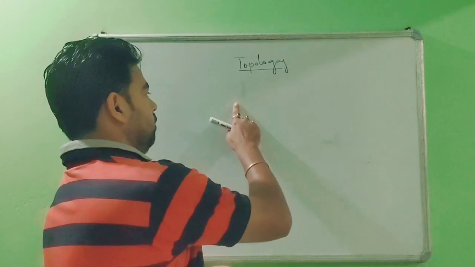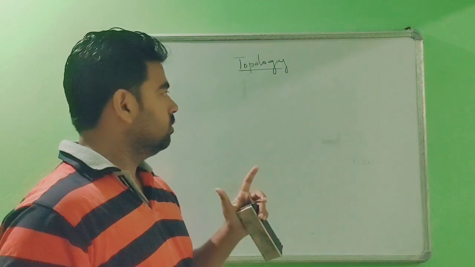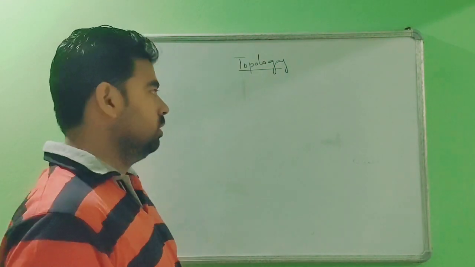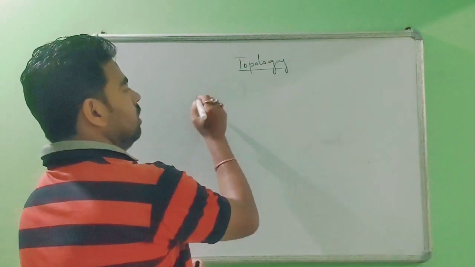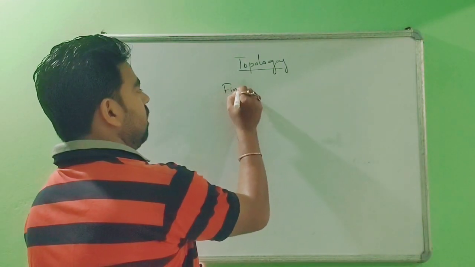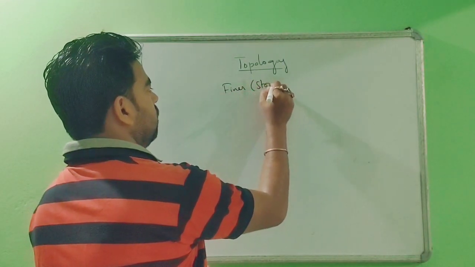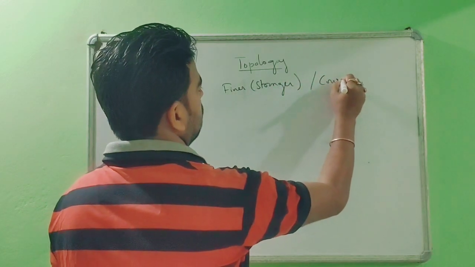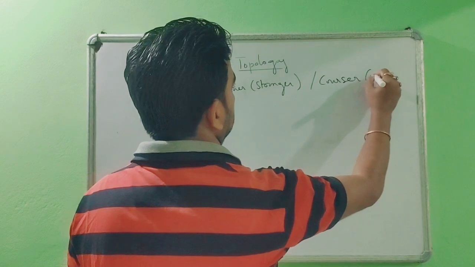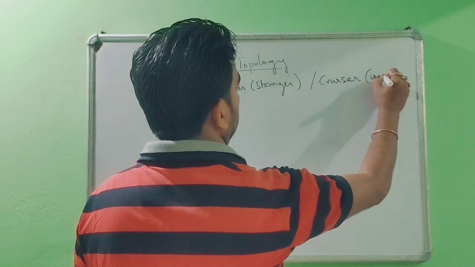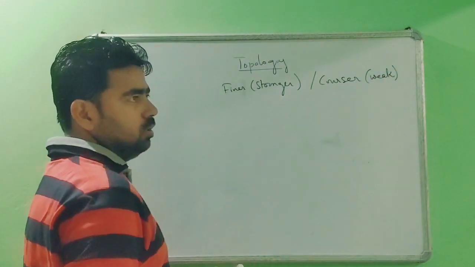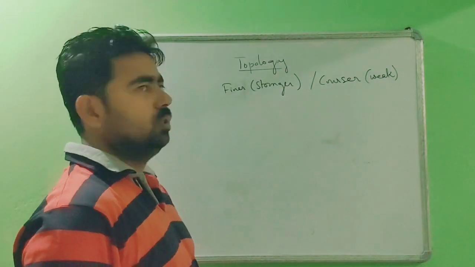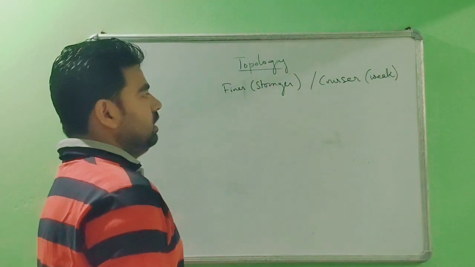Now there is a concept called finer and coarser topology. Weak topology and strong topology. Okay. So what is finer and what is coarser?